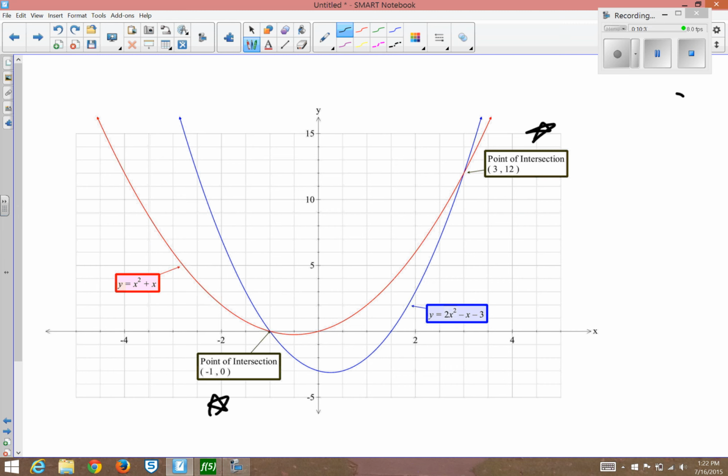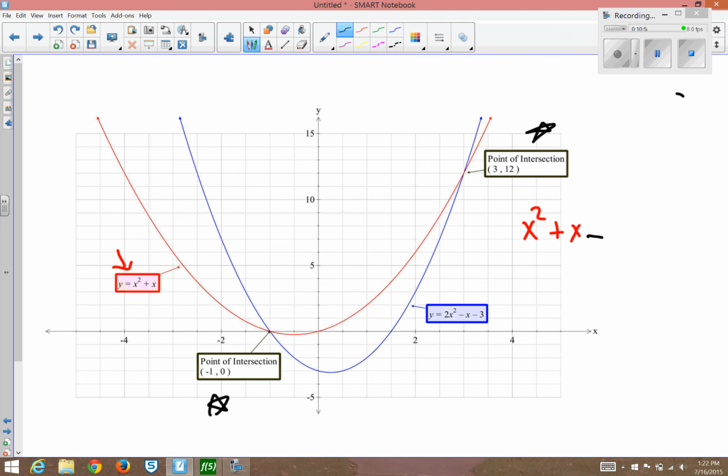To find the area between these, after they're graphed, we have to take whichever graph is higher, that would be the red one, x squared plus x, minus whichever graph is lower.